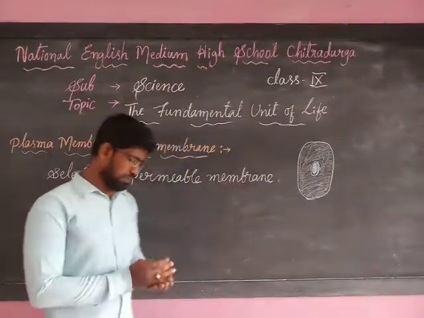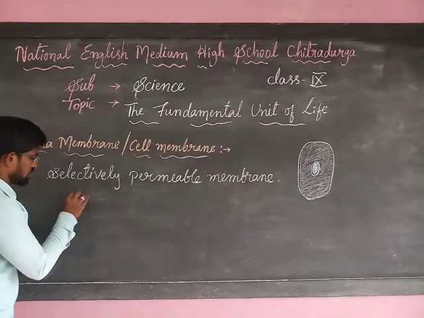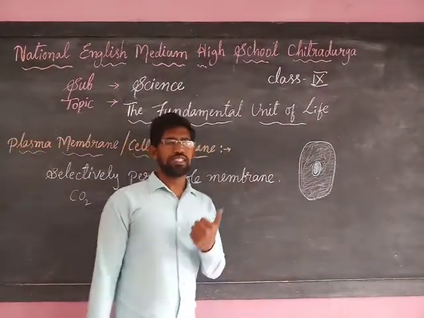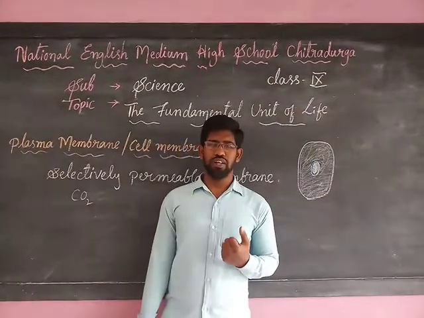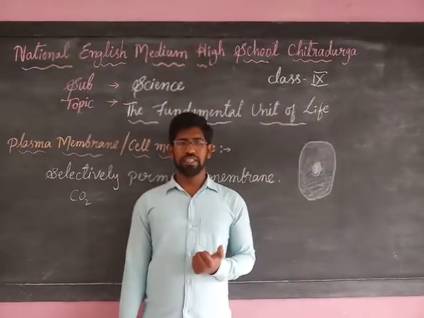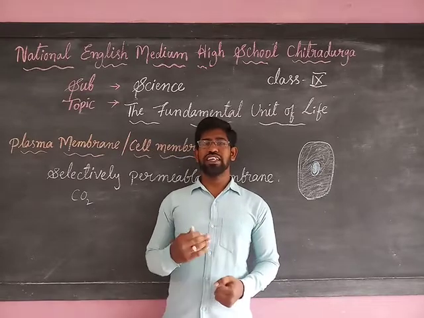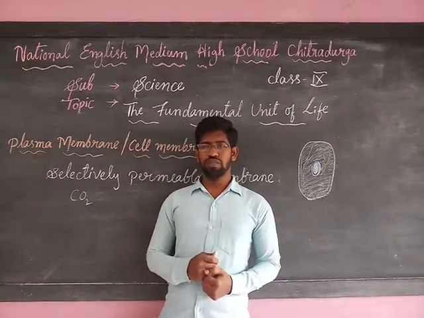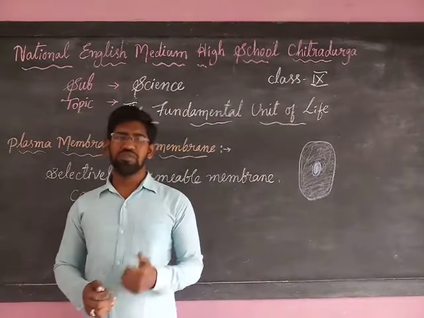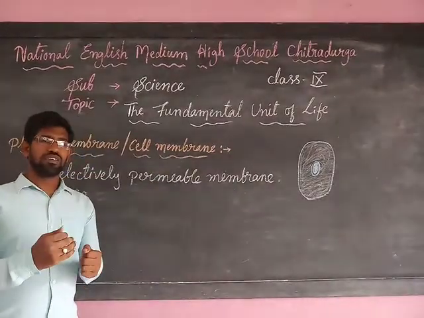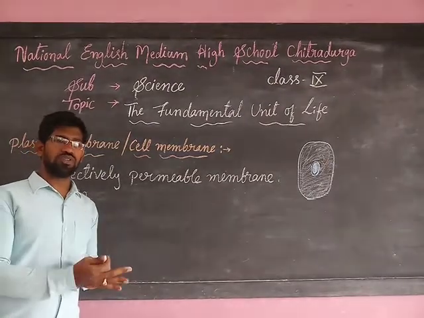Let me start from the waste material called carbon dioxide. The carbon dioxide is produced within the body due to the activities going on in the cell. So when this carbon dioxide increases in concentration within the cell, it is allowed to go out of the body.